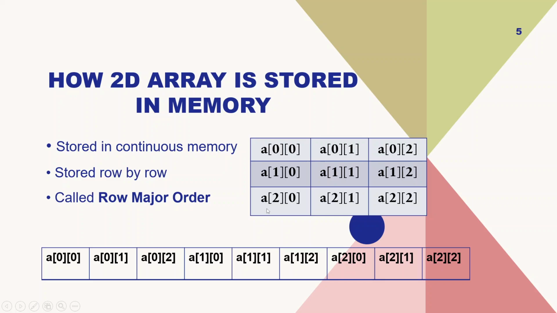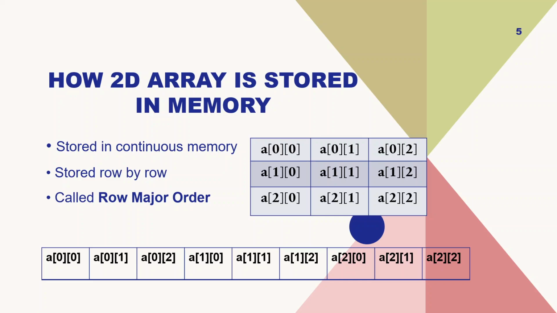After that, all the elements of row 2 will be stored: A[2][0], A[2][1], A[2][2]. So remember, memory is continuous. Data is stored row by row. This is called row major order. In row major order, the column index changes faster than the row index.